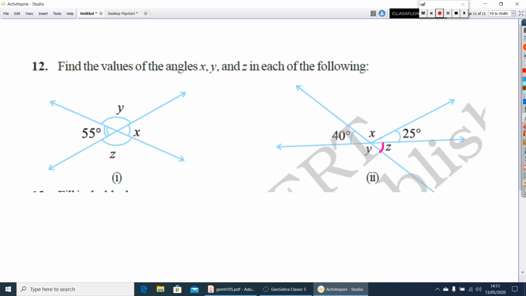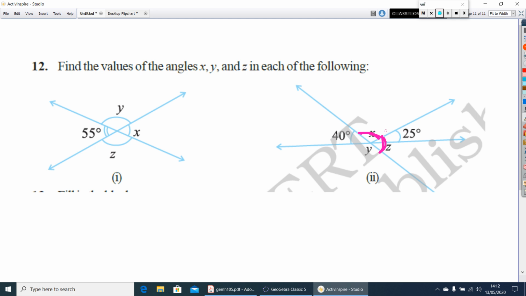Now z plus 25 plus x, these three angles you can get it as 180 degree. So this is 40 degree, this is 25 degree.